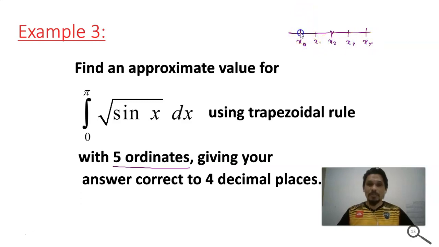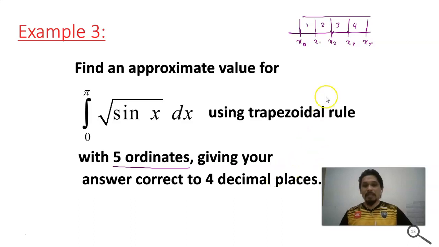Okay, so x0 substitute into y, it gives you the ordinates of y: 2, 3, 4, 5. So then how many strips do we have? 1, 2, 3, 4. Meaning n equal to 4, a equal to 0 here, and b equal to pi.